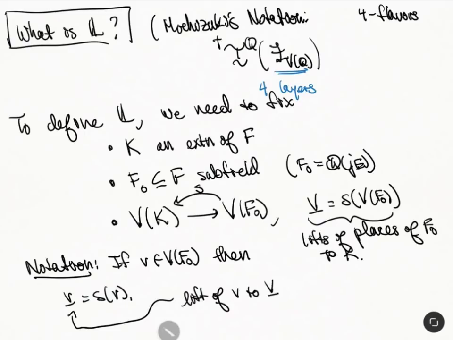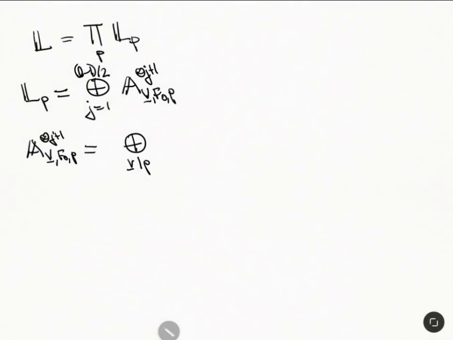We're taking a place down at the bottom level to the top level. This particular instance of K, F naught, and V will be in the initial theta data. Okay, and now I'm going to take K, V underline, and we'll do this to the tensor j plus 1. All right, so these are the spaces here.